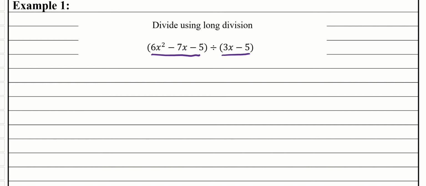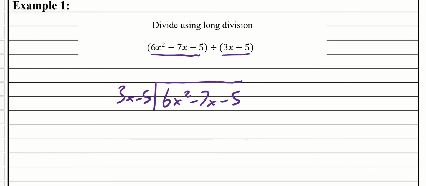The dividend always goes on the inside of this bracket symbol, so I'll write 6x squared minus 7x minus 5. The divisor, that second value, always goes on the outside: 3x minus 5. So the setup is the same as when you're doing long division with numbers.